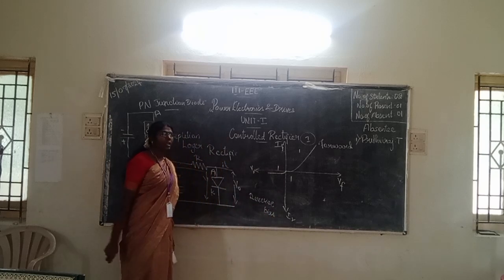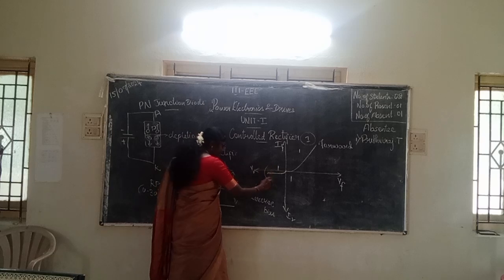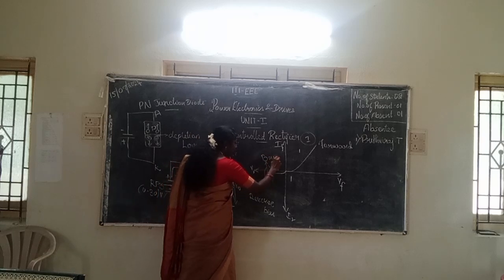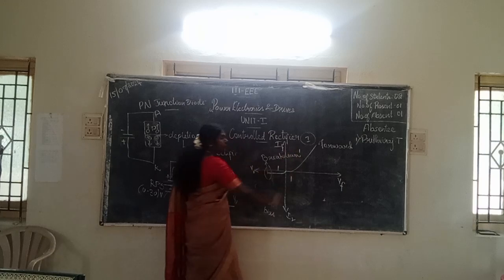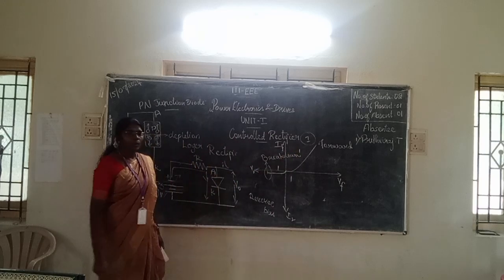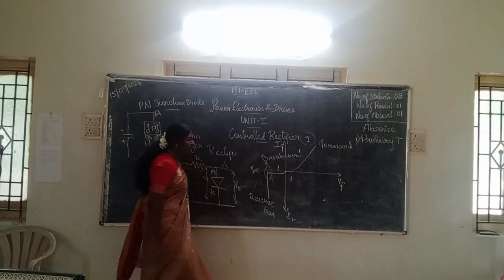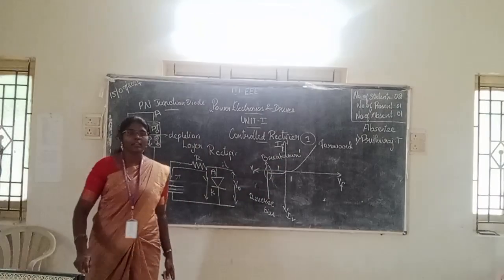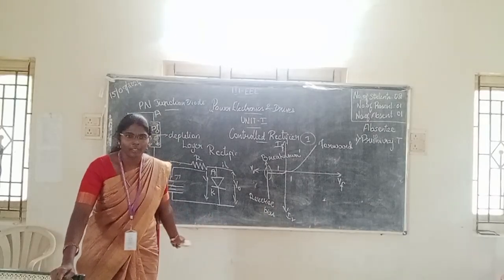After that, a breakdown occurs. Beyond that, the current will increase drastically as the voltage changes. This is how the operation of the diode will be.